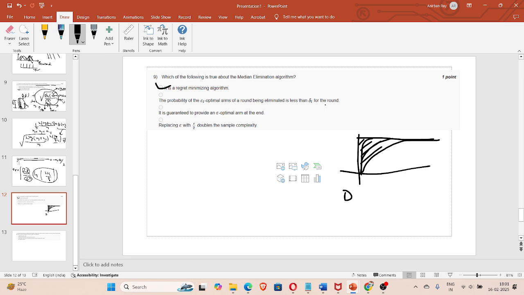L here represents the level. What does level mean here? Level is how many steps you are taking until you get to that one arm. So level L means L steps are taken, and at that round, epsilon and delta are epsilon L and delta L.